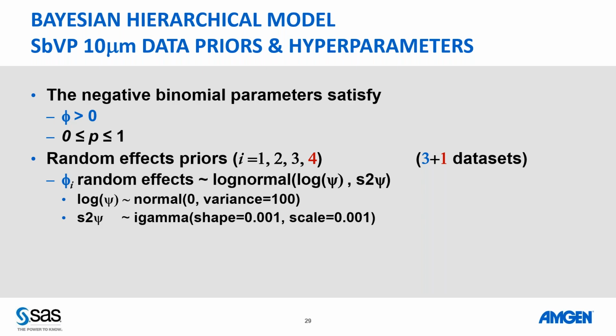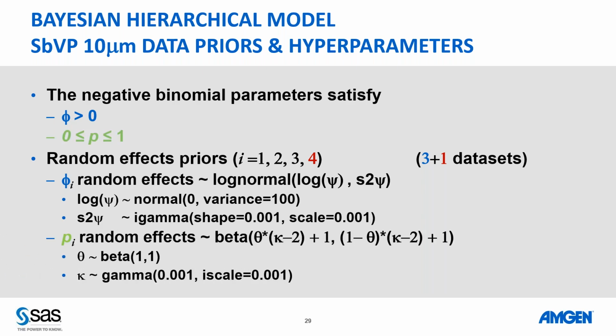The 4 is the current data set. 1, 2, and 3 are the historical or prior knowledge data sets. That's why we have the 3 plus 1. And then the random effects are going to have some priors too. The prior for log psi is a normal with a large variance, and the prior for the variance, as you have seen before, is an inverse gamma.